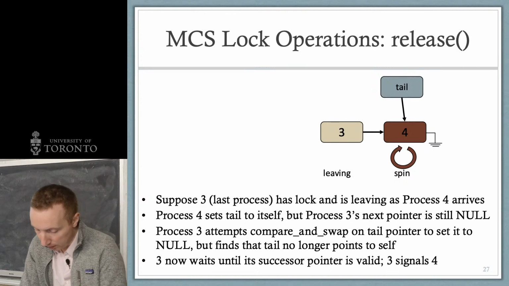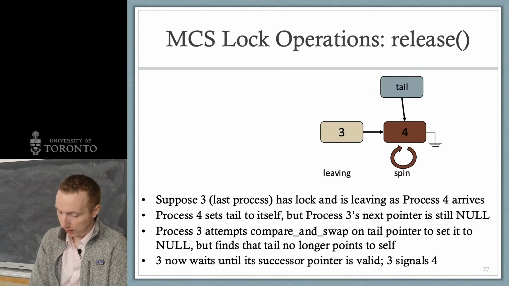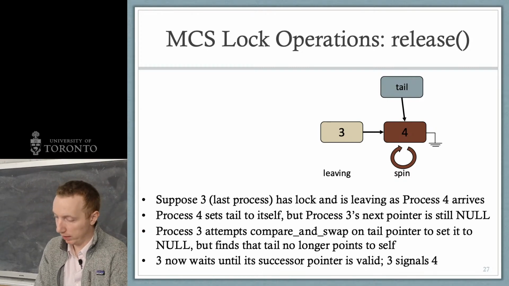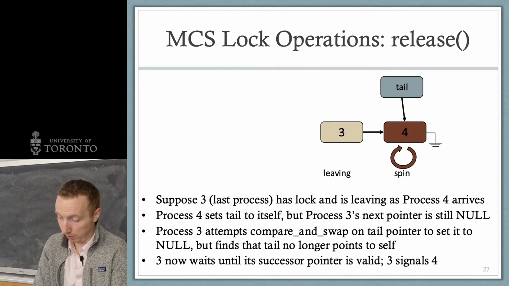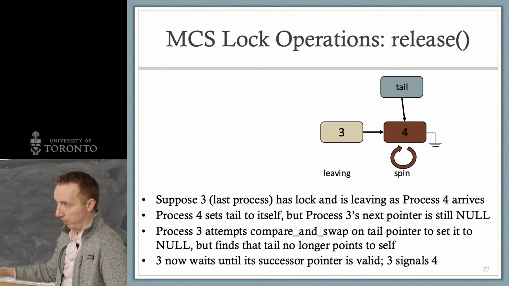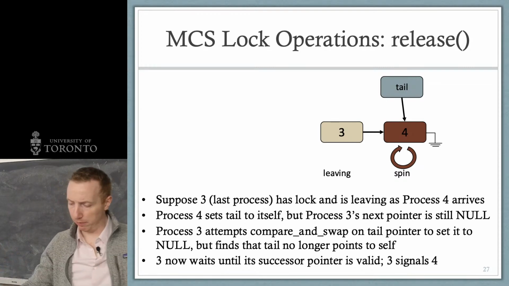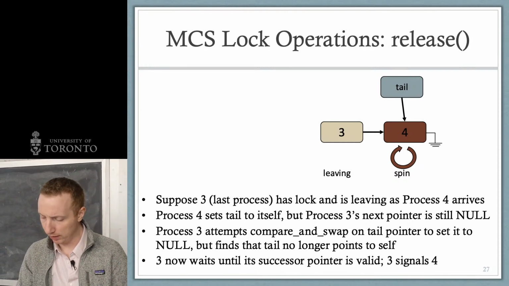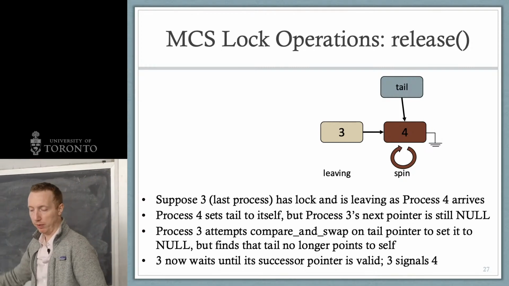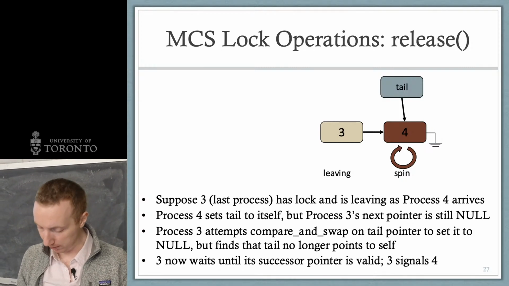So 3 will now wait until that next pointer is valid, and then whenever it's valid, it will signal thread 4, unlock it, and then it will be done with the spin. That is the kind of case we need to consider for correctness. That's the worst case scenario in terms of data races and all of that stuff.